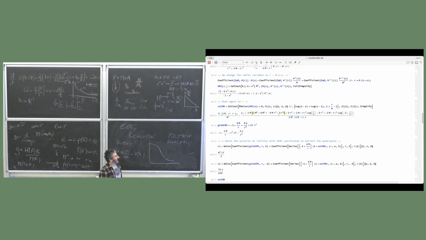And we related the two constants with the quadrupole and the tidal field. In particular, C2 is the constant related to the quadrupole. So C2 is the constant that is related to the induced moment of the neutron star that is deformed by the tidal field.